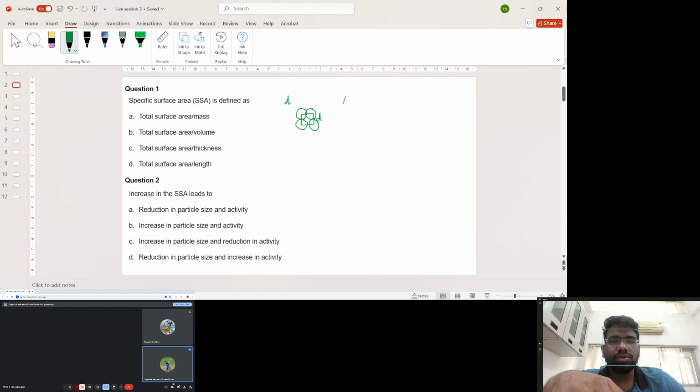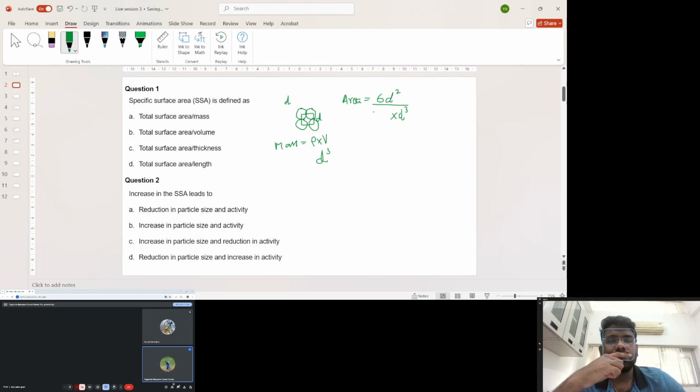So the total area will be 6d square, right? Yes, sir. Now you have to calculate the mass. Mass is defined as density into volume, right? So volume you know, which is d cube.